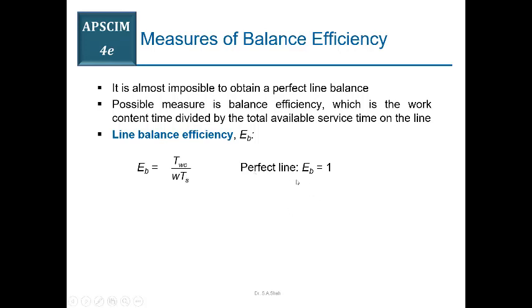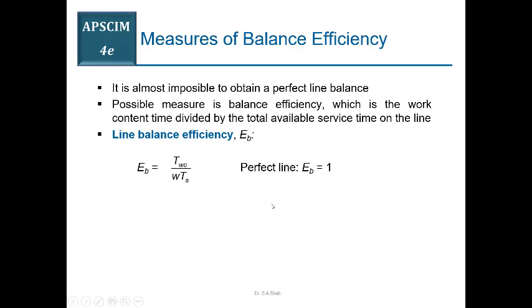So if it is equal to 1, this means that it will be a perfectly balanced line. But it will always be less than 1. For example, 0.9 होगा या 0.96 होगा या 0.90 होगा, ठीक है ना, अगर 90% है. And rest will be the delays.